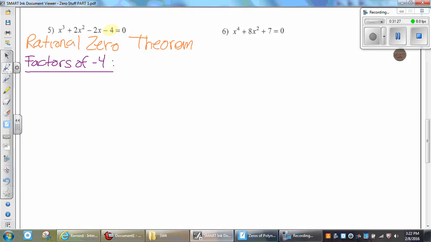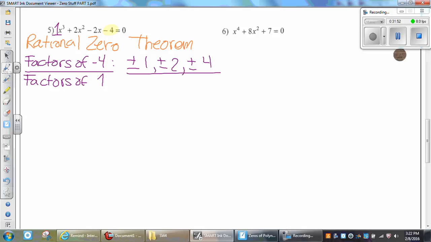And then we're going to divide them by the factors of the leading coefficient, which happens to be a 1. So that will be an easy one, okay? So factors of 1. So what this tells me is that the factors of -4 are plus minus 1, plus minus 2, and plus minus 4.